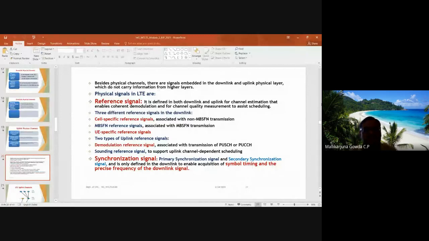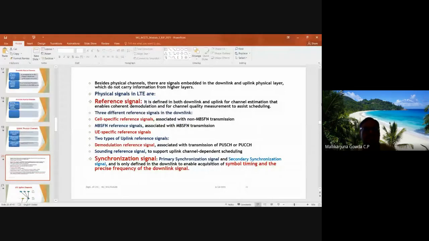The second one is the sounding reference signal, used to support uplink channel dependent scheduling. So in downlink 3, in uplink 2, totally 5 reference signals are there.